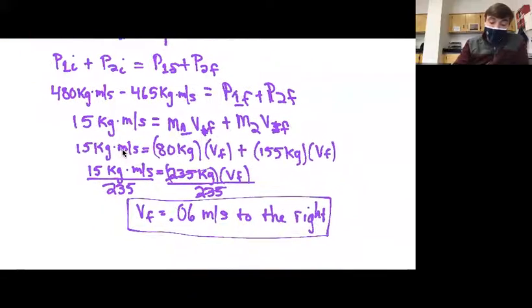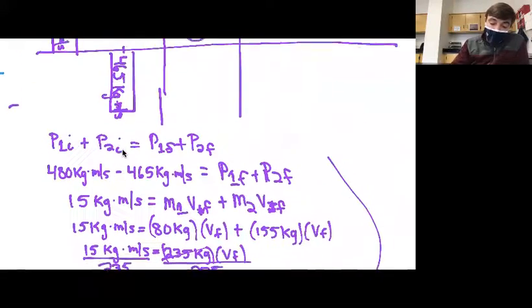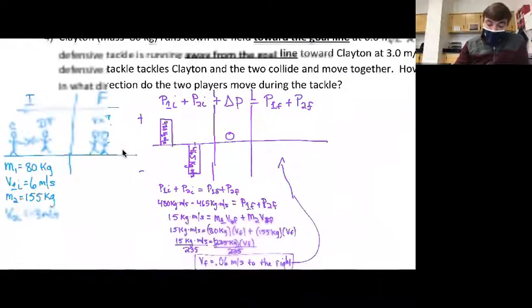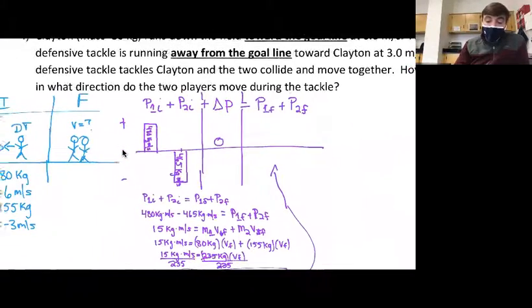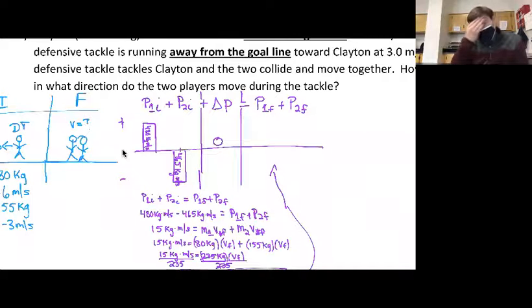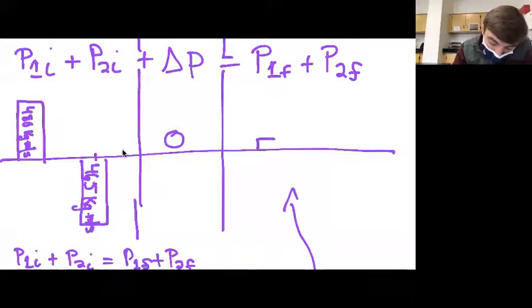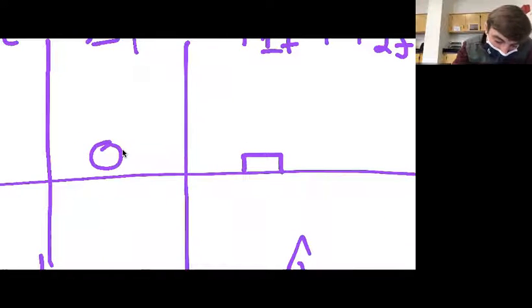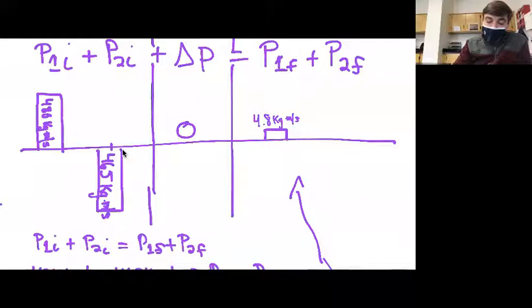And then what I can do is take this value and go fill out the final part of my bar chart. So if I know that in the final state, the masses didn't change, mass 1 is still 80 kilograms, and now I know it's moving at 0.06 meters per second, I do 0.06 times 80 kilograms. 4.8 kilogram meters per second.